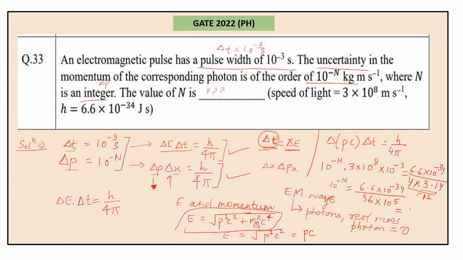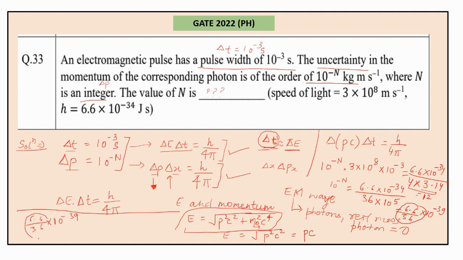So this will go above 6.6 upon 36. So it will give 10 raised to the power how much? Minus 39. It is less than 1, right? I'll write here. So 6.6 divided by 36 into 10 raised to the power minus 39.